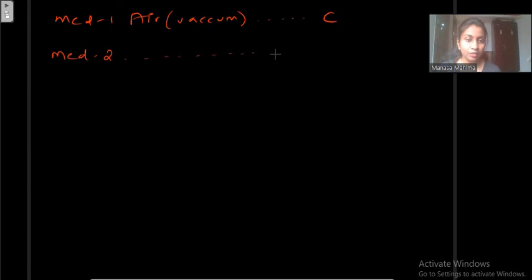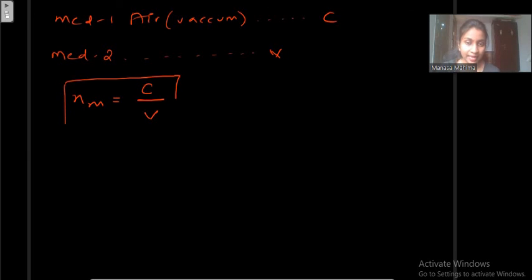See, if I take medium 1 as air or vacuum, I will consider the speed of light to be c. Okay, c represents the speed of light when it is traveling in air or vacuum. And if I take medium 2 as it is, I will consider the speed of light in this medium as v. So absolute refractive index is equal to the speed of light in air or vacuum to the speed of light in the medium.